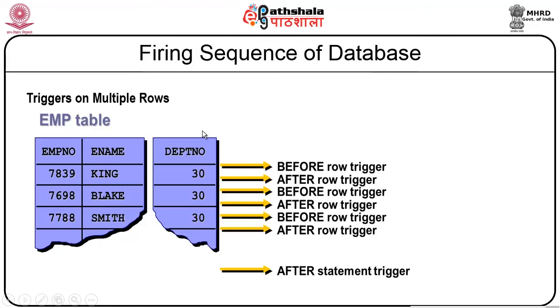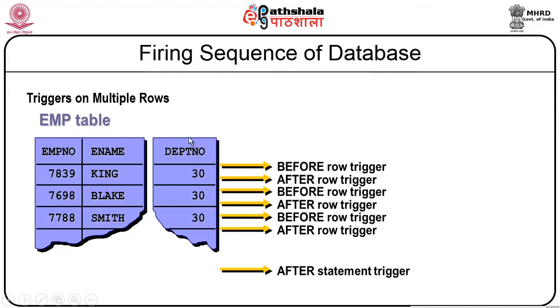I can have a before statement trigger executed at this level, but before any row is processed there is a separation, and only then can I have a before row trigger.